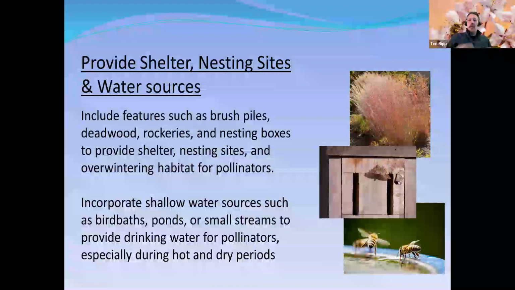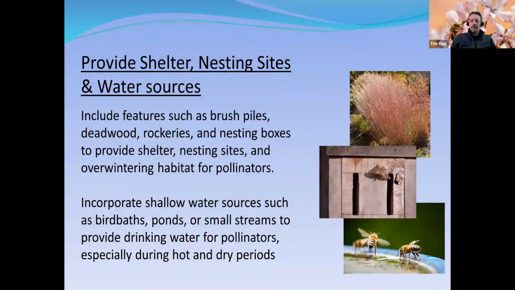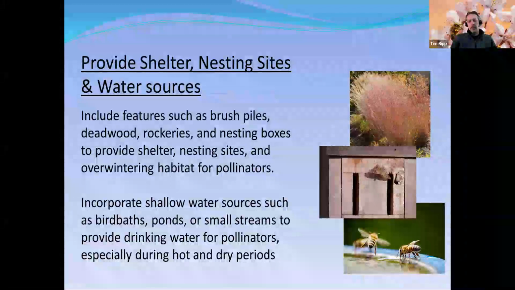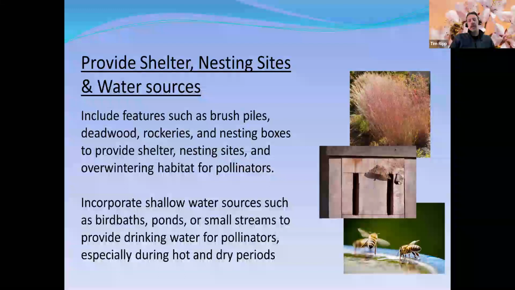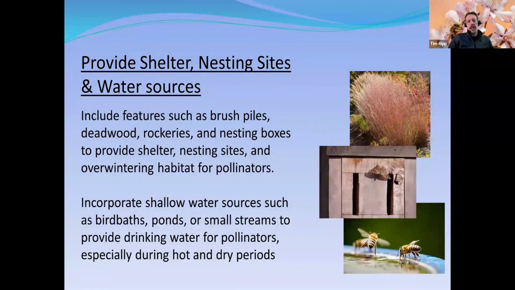So when we're thinking about a larger landscape design, I often have clients say, well, we don't know if we've got space for a compost bin, or where do we store our brush piles, depending upon what your environment is. We can plan for those things. And I think we need to plan for those things, and really think about the overall landscape as a whole and not just one singular garden. So it's very easy within a larger landscape.